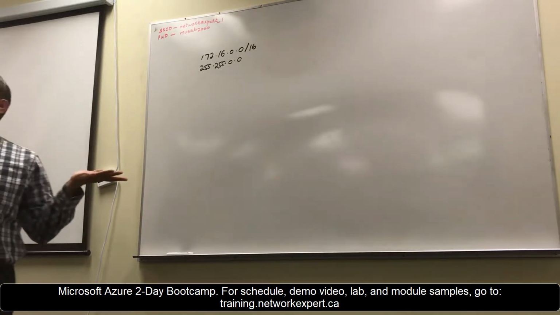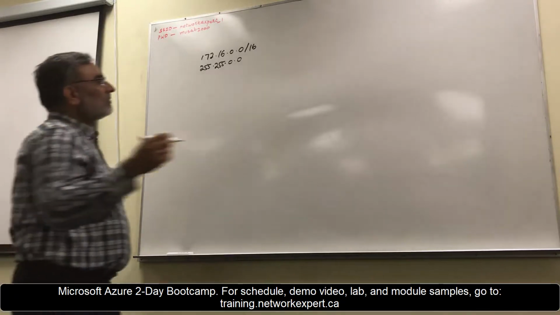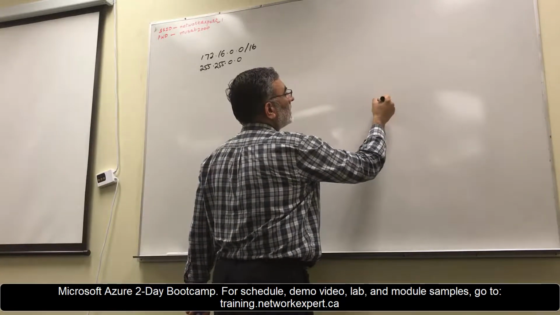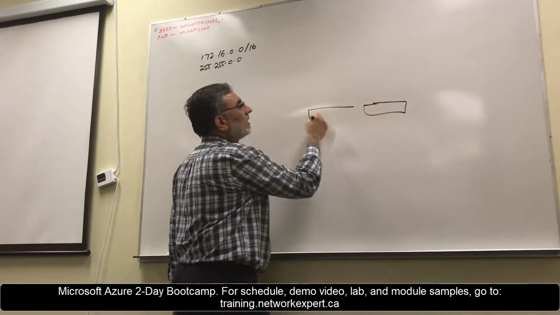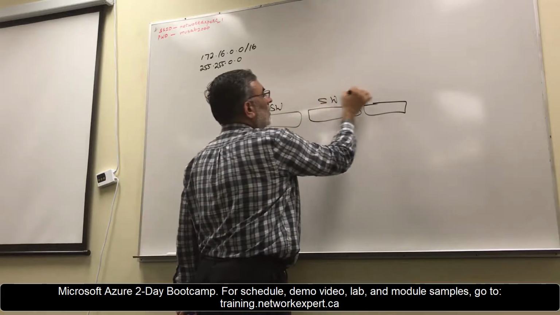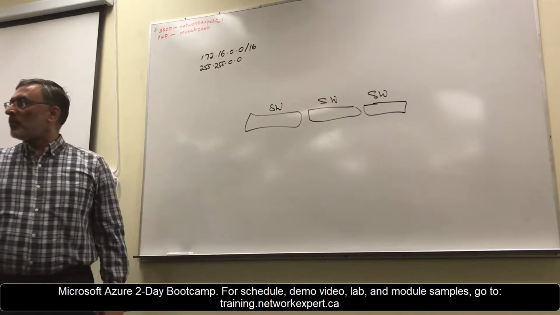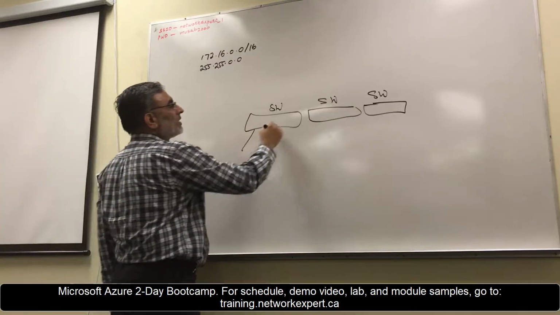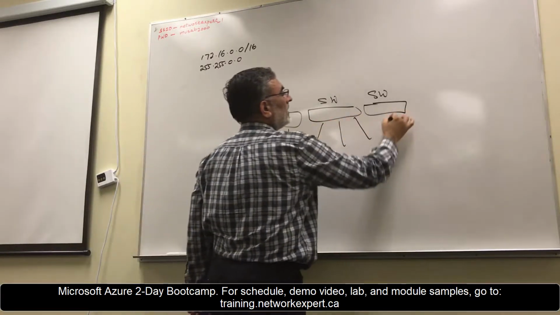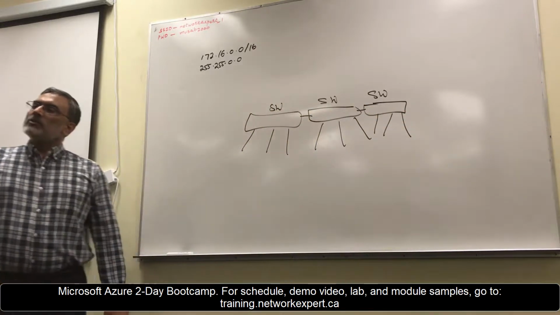Now, why do we usually need to break one network into multiple subnets? In the networking world, if you have a big network, all these devices having IP addresses from one network address can be connected to switches, and switches are connected to each other, okay?